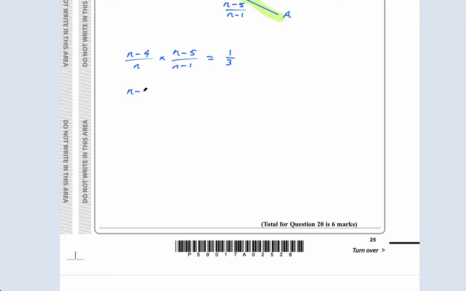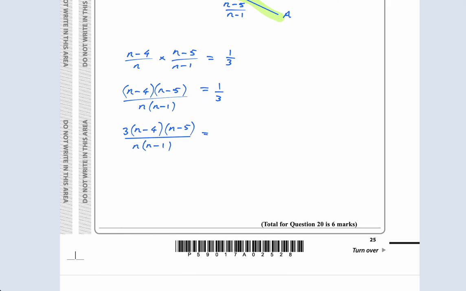I have n minus 4 times n minus 5, that's the numerator here, over n times n minus 1 equals 1 over 3. I'm going to cross multiply, so 3 times this equals 1 times this.